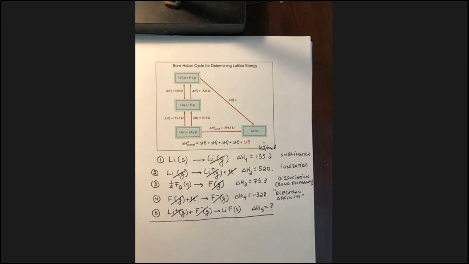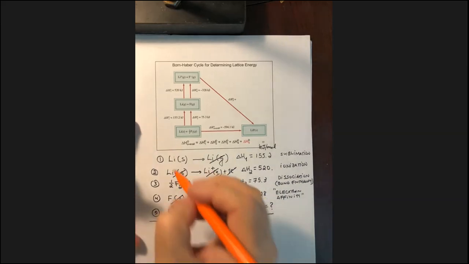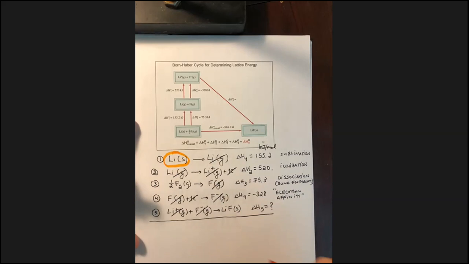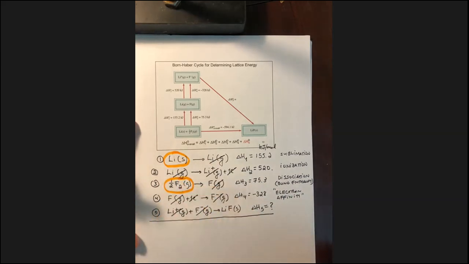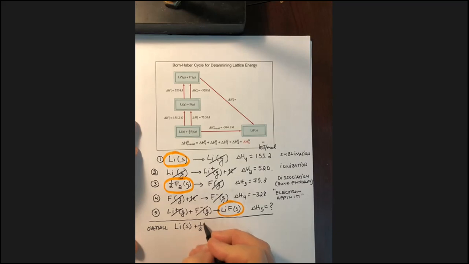And I believe that if we go through that sequence, we're left with the lithium solid and half a mole of fluorine on the left side, and on the right side, just the lithium fluoride compound. So that would be our overall reaction: lithium solid plus half a mole of fluorine gas.